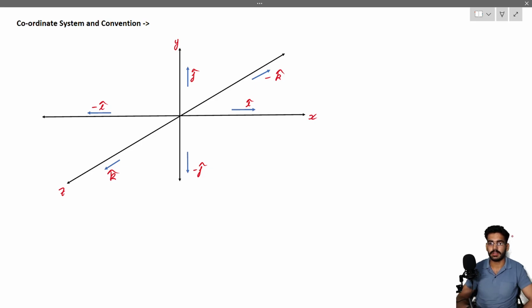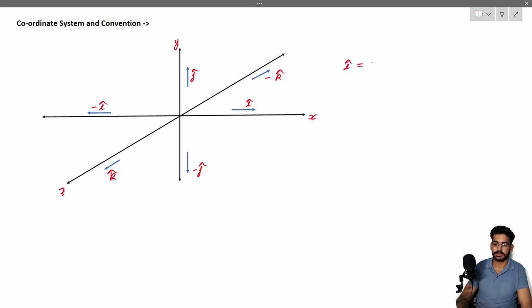We took a unit vector along the x-axis, and we call it I cap. Its magnitude is 1. Along the y-axis we take one unit vector that we call j cap, and along the z-axis we take a unit vector that we call k cap. So let me write this.